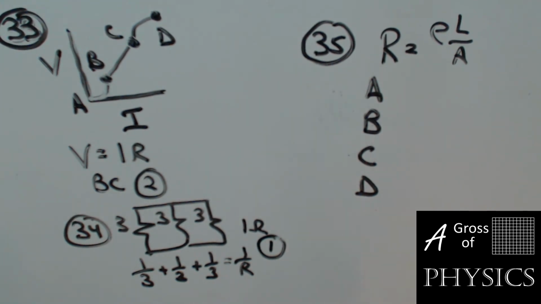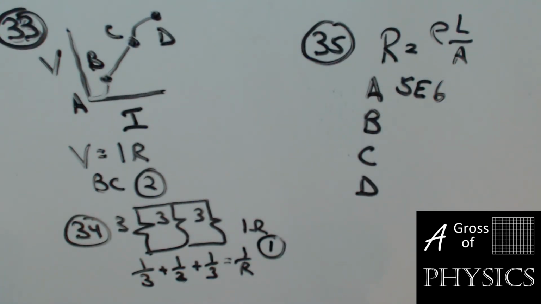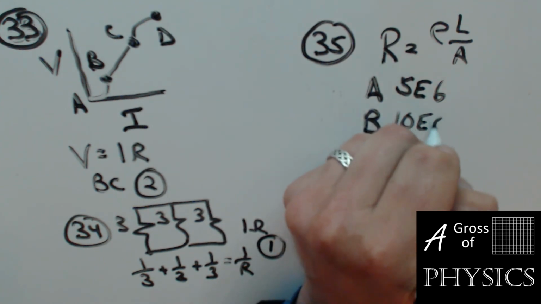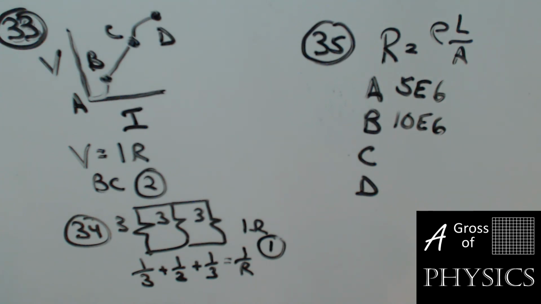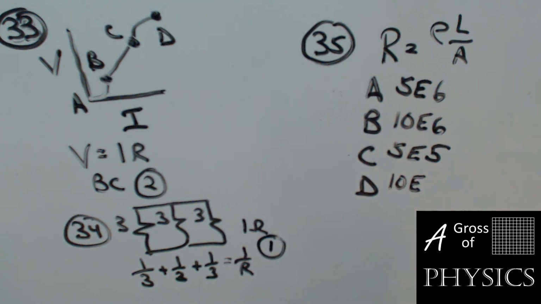For A, I'm going to do 10 divided by 2E negative 6, and I'm going to get 5E6. For B, 10 divided by 1E negative 6, I'm going to get 10E6. For C, 1 divided by 2E negative 6, I'm going to get 5E5. And for D, 1 divided by 1E negative 6, I'm going to get 10E5.